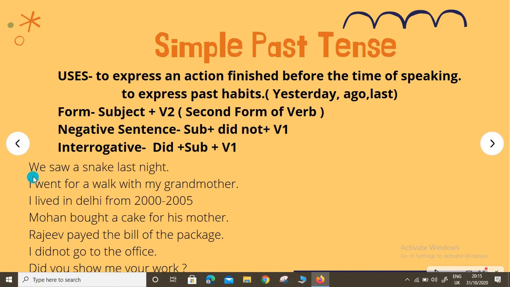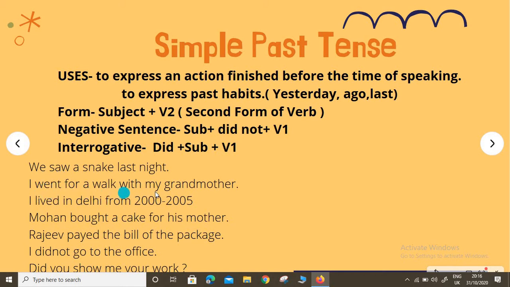We saw. With the subject we have used the verb in simple past tense, that is the second form of the verb. The three forms of see are see, saw, seen. So it identifies that it is simple past tense.